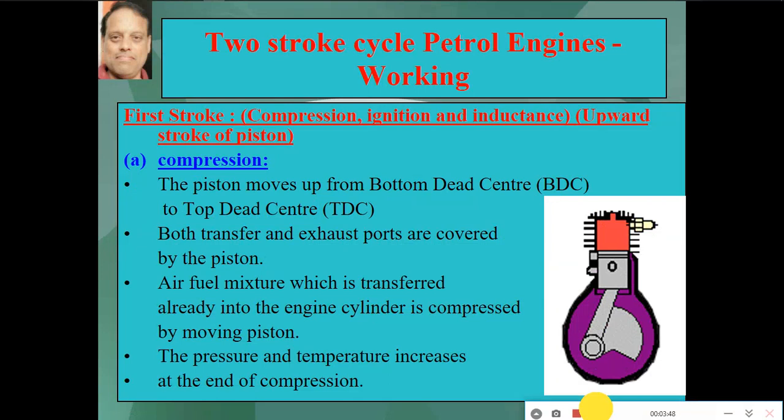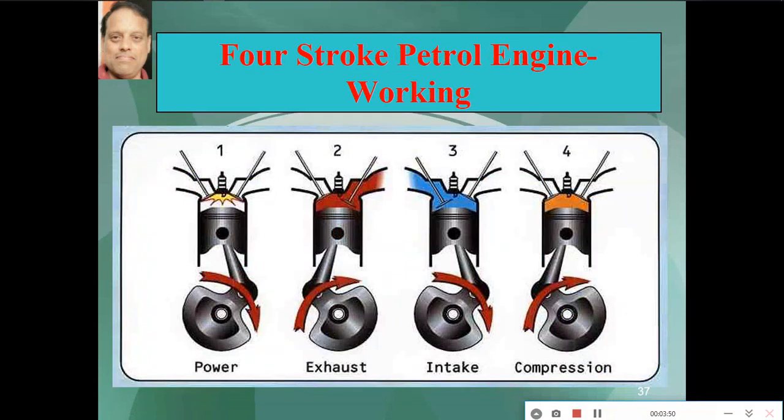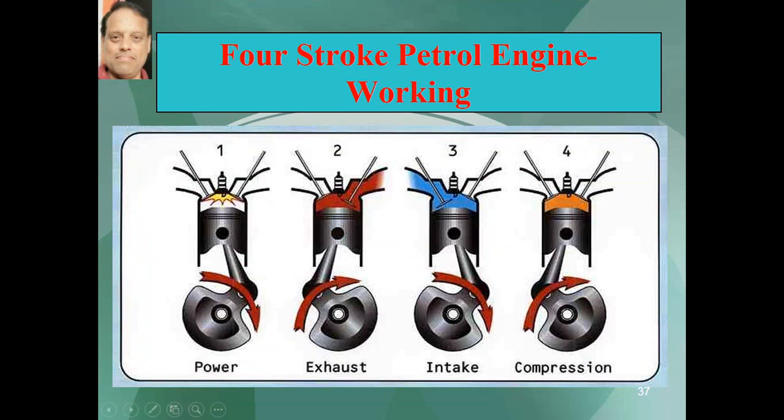The picture here refers to the 4 stages of working called strokes: power stroke, exhaust stroke, intake stroke and compression stroke. During the power stroke, both the valves are closed in a 4-stroke engine, when the power is produced from the fuel and the downward stroke is initiated.